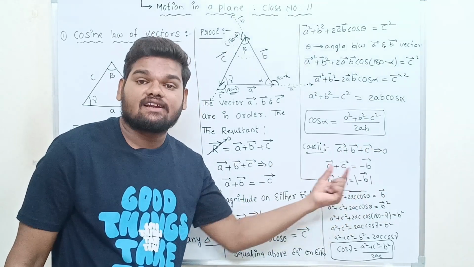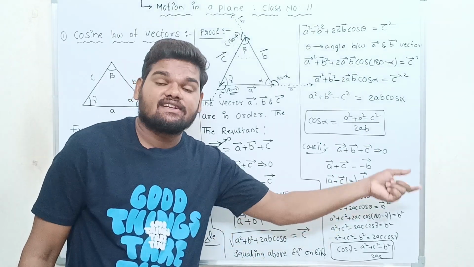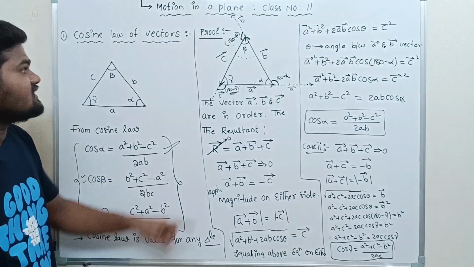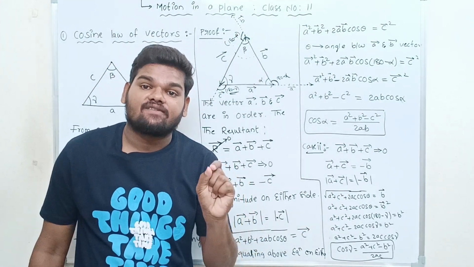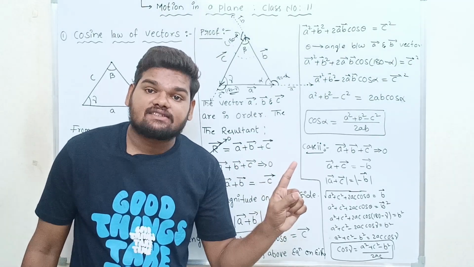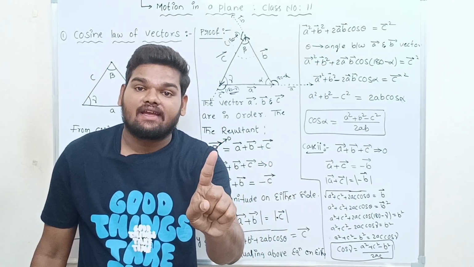After squaring on either side, it becomes b square plus c square plus 2bc cos theta is equal to a square. Theta is the angle between b and c. What is the angle between b and c? 180 minus beta. Just substitute 180 minus beta in place of theta. Then the term becomes b square plus c square minus 2bc cos beta is equal to a square.